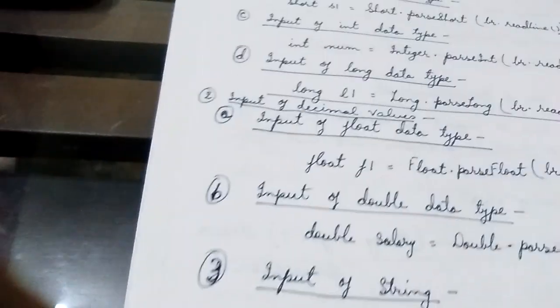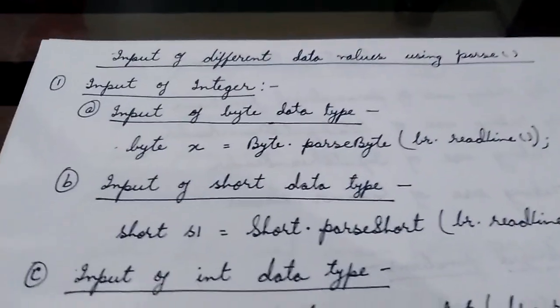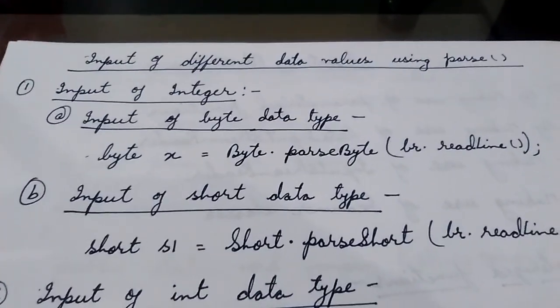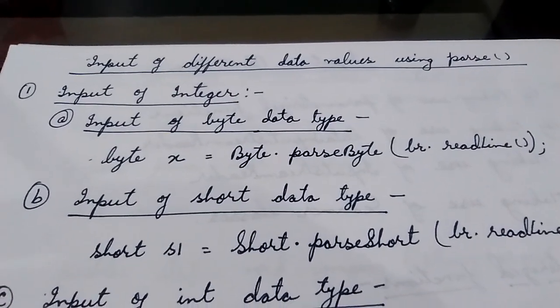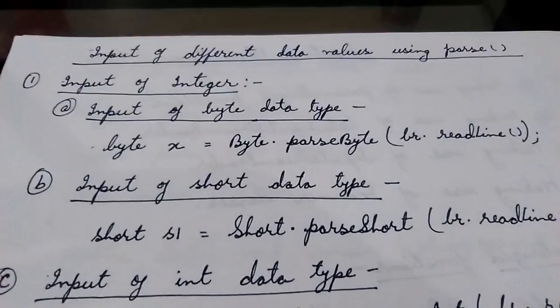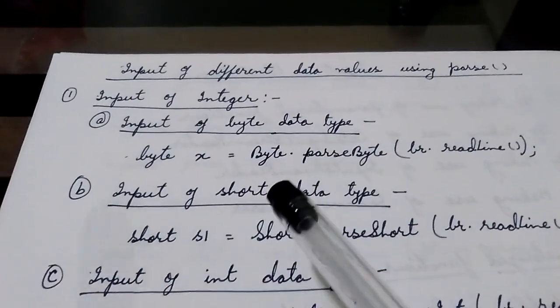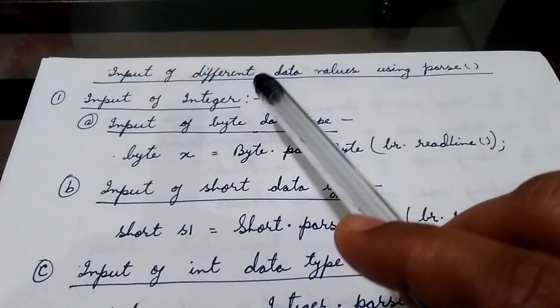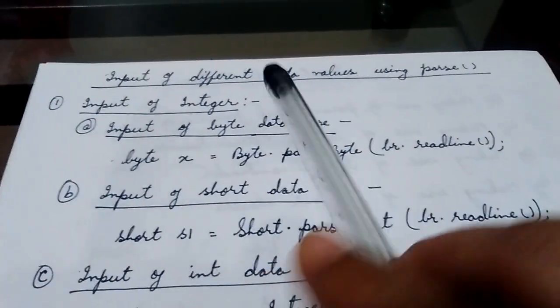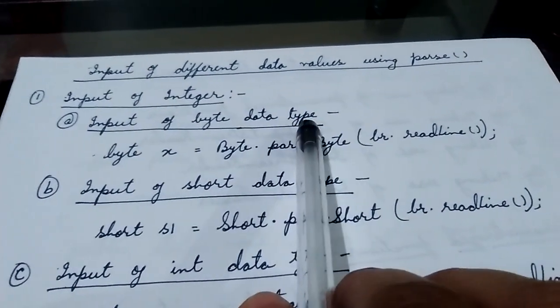Let us further move to see input of different data types using BufferedReader, where we are using the parse function to convert from string to its respective data type. For the integers, we remember byte, short, int and long come under the integer data type. So the first is input of byte data type.